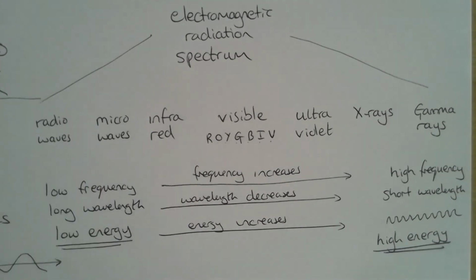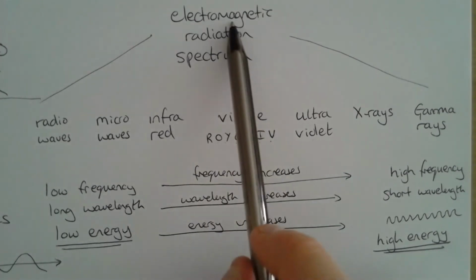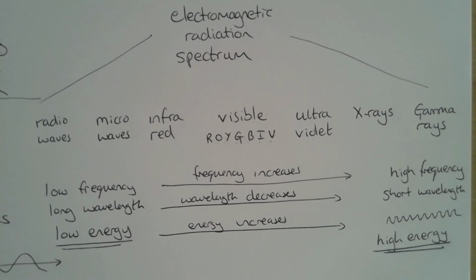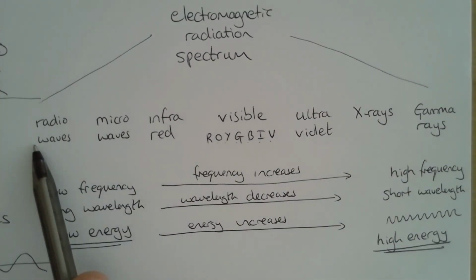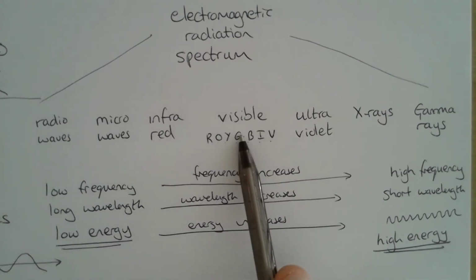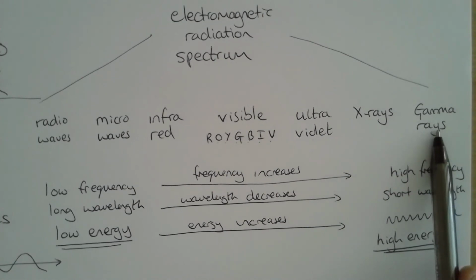So, just to review what we've looked at, we started by looking at visible light, and we said that visible light was a type of electromagnetic radiation. There are other types of electromagnetic radiation either side of visible light: infrared, microwaves, radio waves, and on the other side, ultraviolet, X-rays and gamma rays.